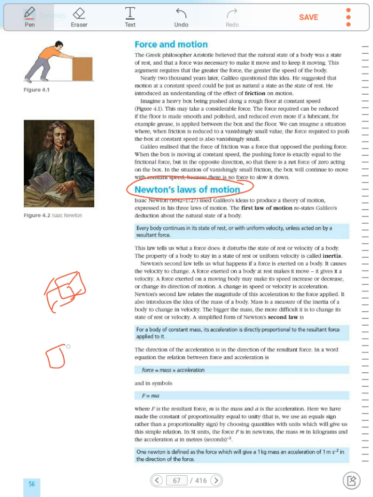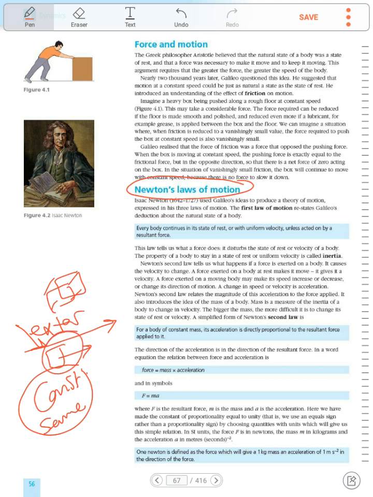And if the object is moving at constant speed and in the same direction, the object stays moving, unless a resultant external force acts on the object, changing its direction or its speed or both.